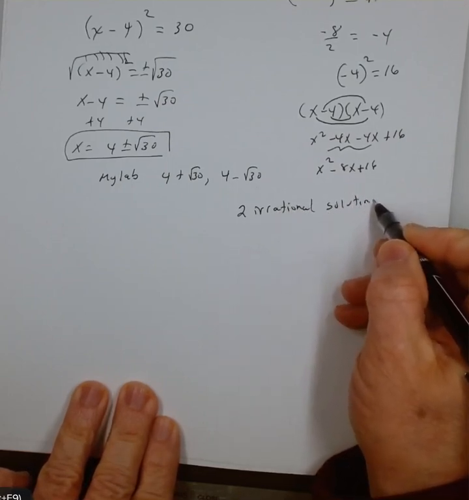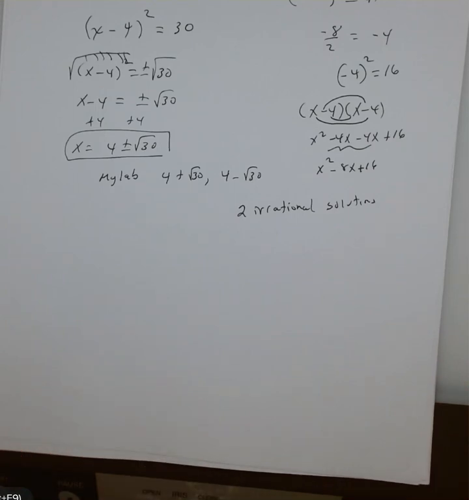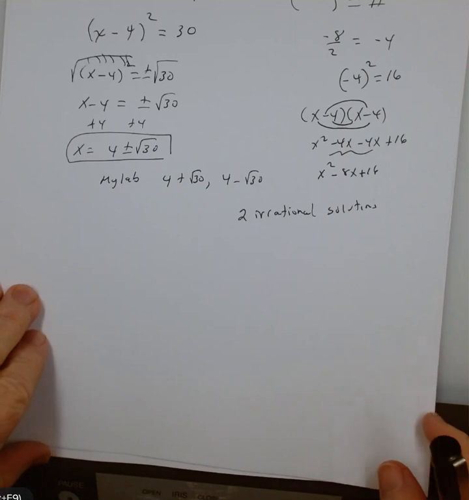All right, now, this one wasn't that bad because there weren't any fractions involved. But when you do my lab, and it's not assigned yet, there are a couple of problems where you have fractions. So let's go ahead and do one with fractions. So this will be number 2.